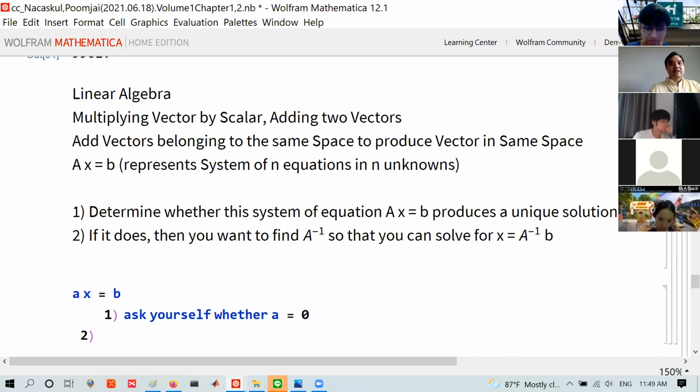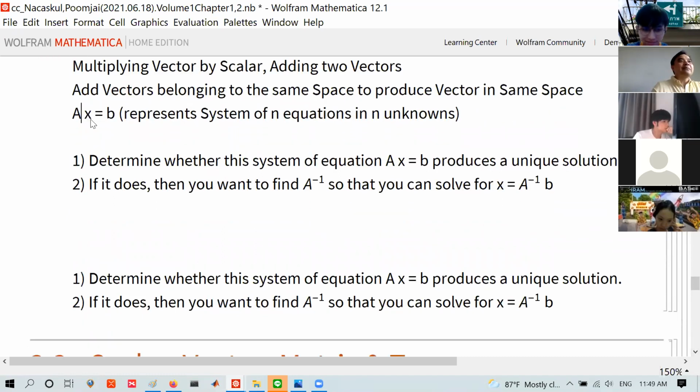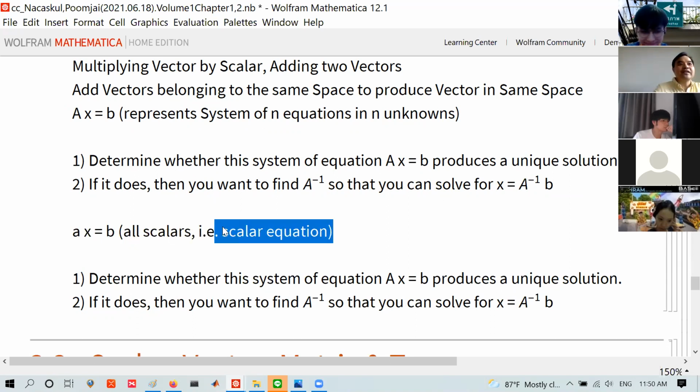Now, instead of having a matrix multiplied by a vector equal to a vector, you have AX is equal to B, where this is all scalar, i.e. a scalar equation.